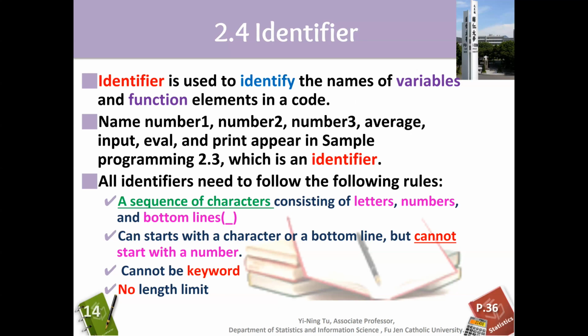You can make a variable with a very long name, but it's not really good because it gives you a high chance of typing errors. So although there is no length limit, please make it as short and brief as you can, just to help you understand or remember what it is.